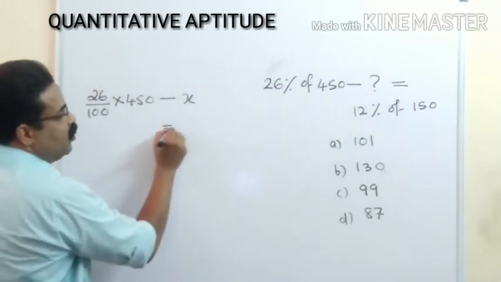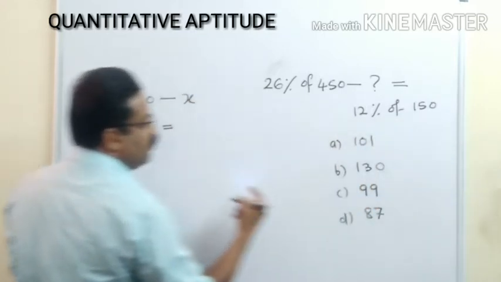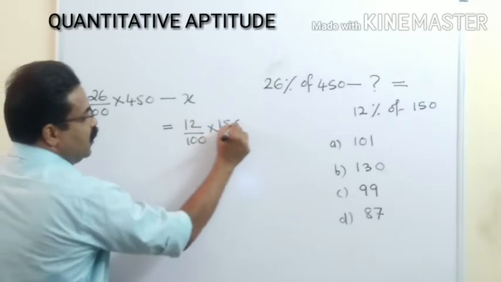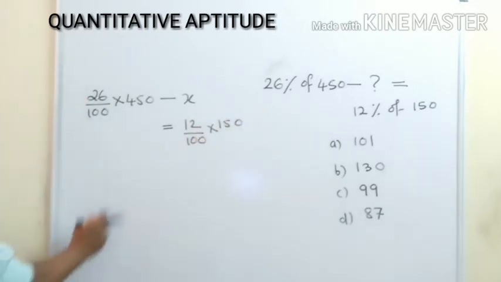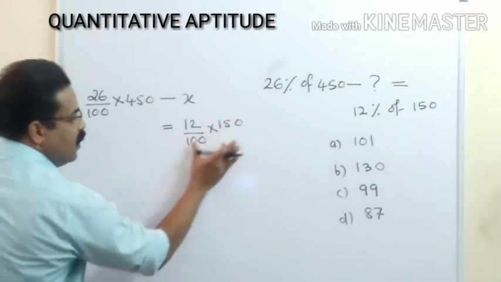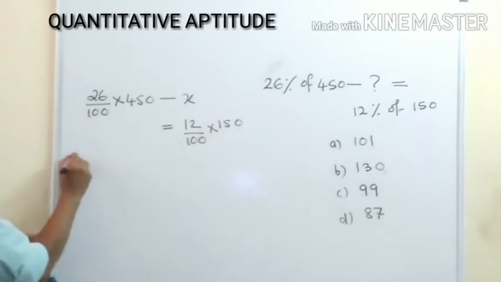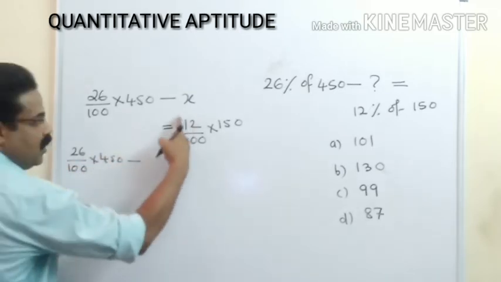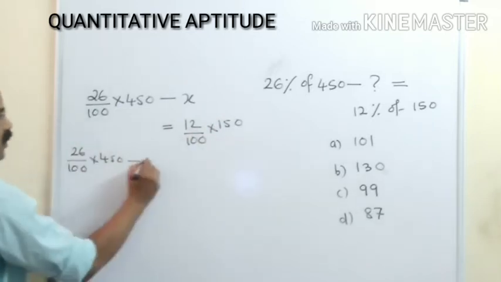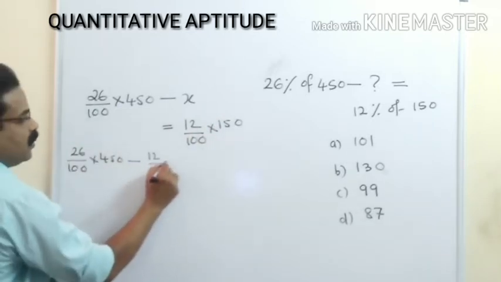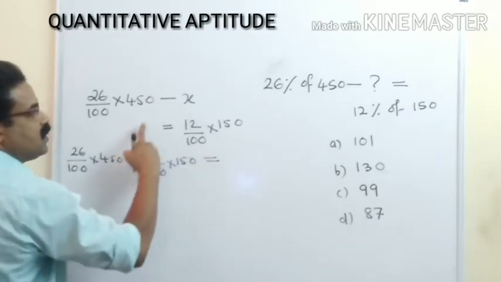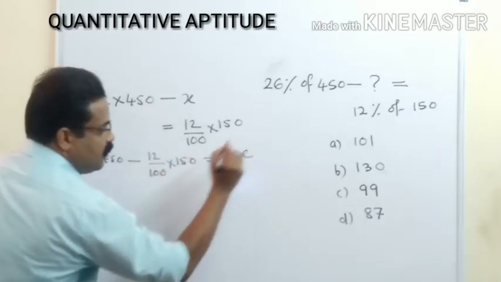This will be equal to 12% of 150, that is 12 by 100 into 150. So now what I am doing, I am taking this x to that side and this term to this side. So I can write it as like this: 26 by 100 into 450 minus 12 by 100 into 150 will be equal to x.